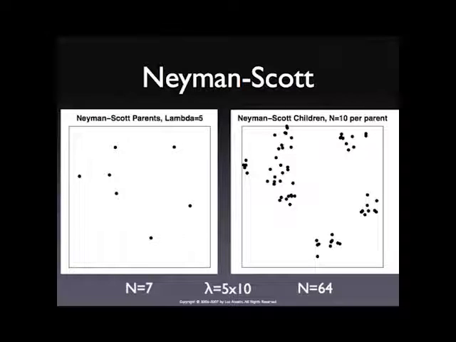We have 7 for a mean of 5, and then we put 10 around each of these 7 and kick out the ones that don't fall inside, and we end up with 64 points. Again, very nicely, now I can say this because I know it, I constructed them this way. These are clustered.